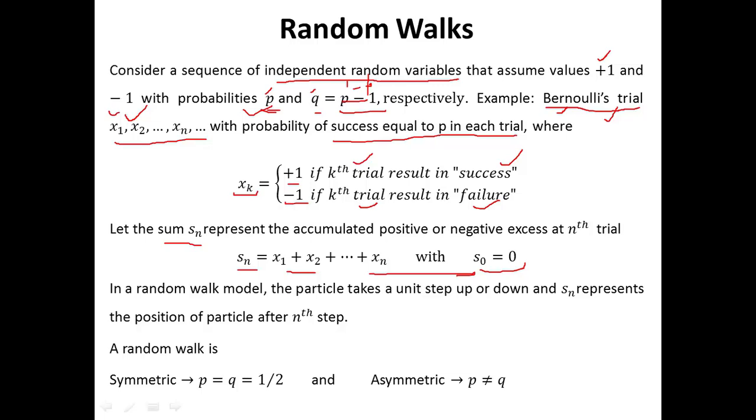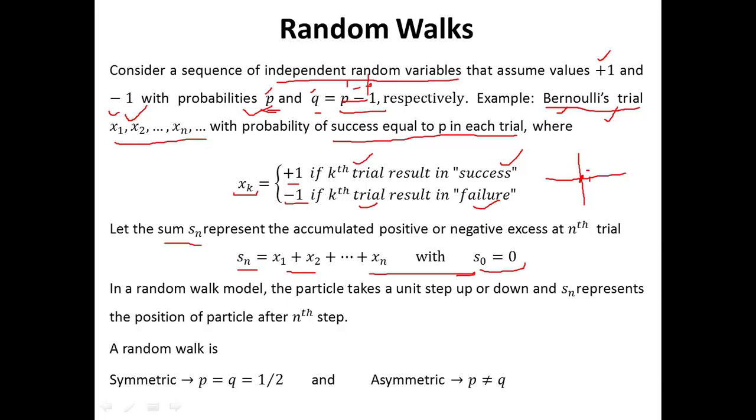What it means, let us say initially the particle is at 0th location. After the first trial, that is at this point x1, if this first trial results into success, particle will move to +1 position.